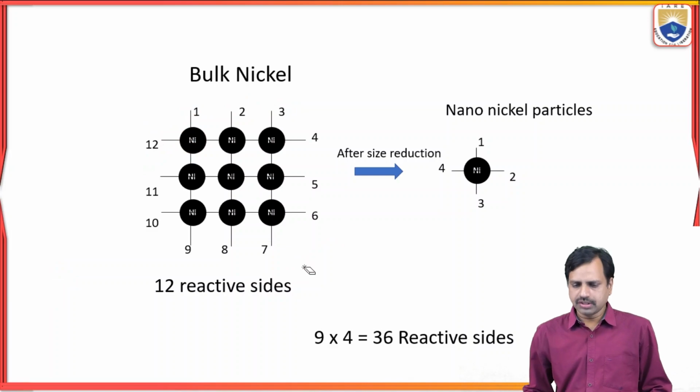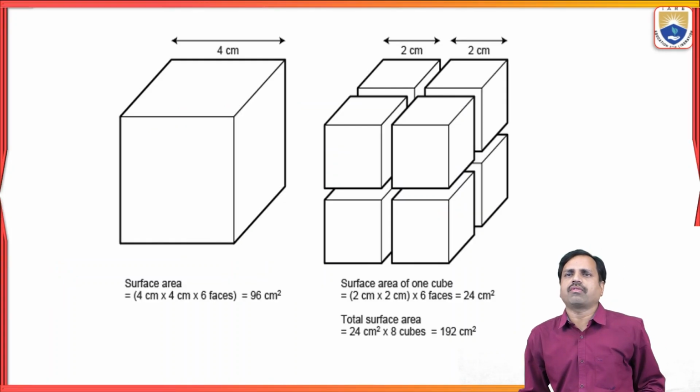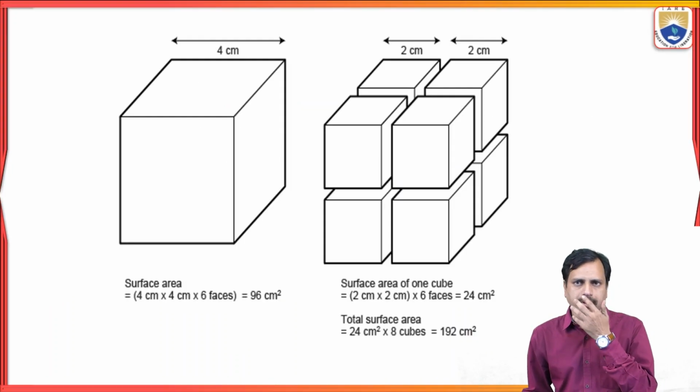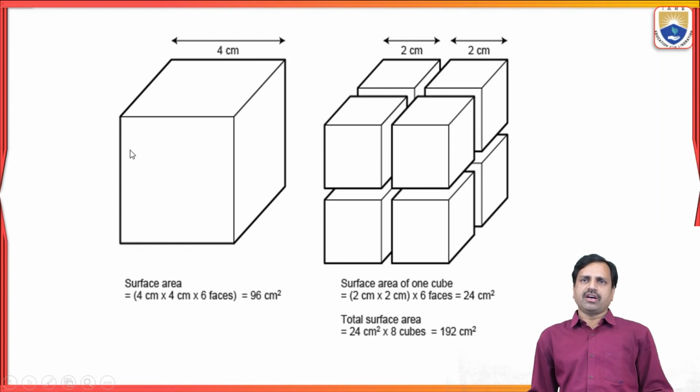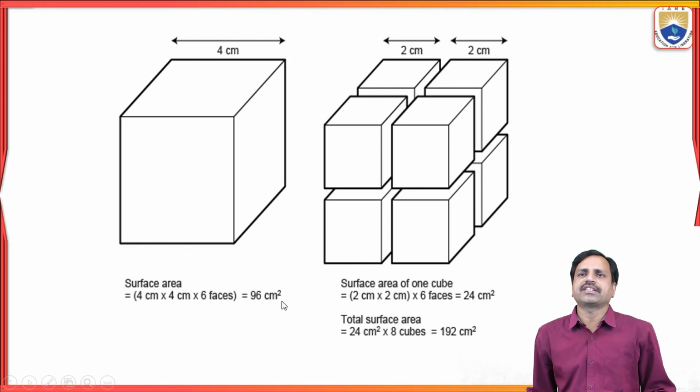So next, this is also one example. If we take one cube, the surface area of this cube is 96 centimeters square. 4 into 4, suppose you consider the length, breadth and height to be 4, and it has 6 faces. So if we calculate the surface area of this cube, it is 96 centimeters square.